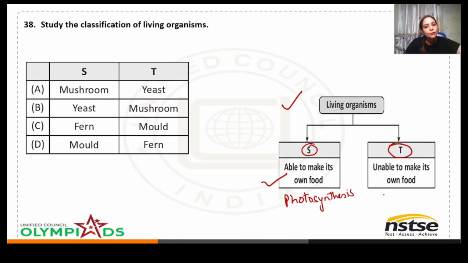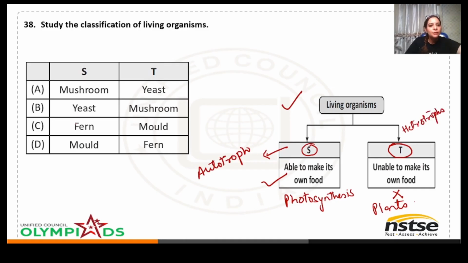T cannot make its own food. That means they obtain their food directly or indirectly from plants. Or we can say that S is an autotroph, that means it can make its own food, whereas T is a heterotroph, it cannot make its own food.